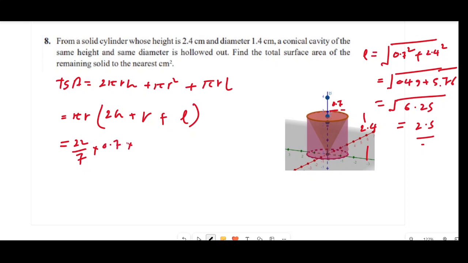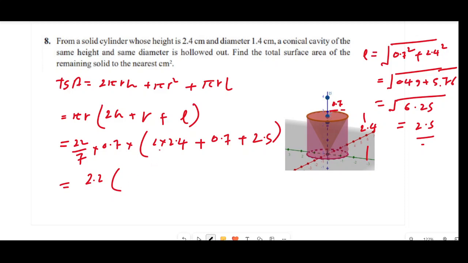Now 2h, 2 into 2.4 plus r 0.7 plus L 2.5. Now add it. Here 7 7 cancel out, so 2.2.